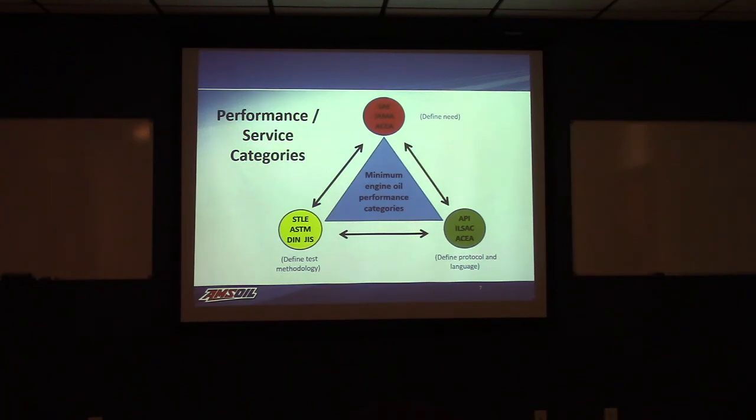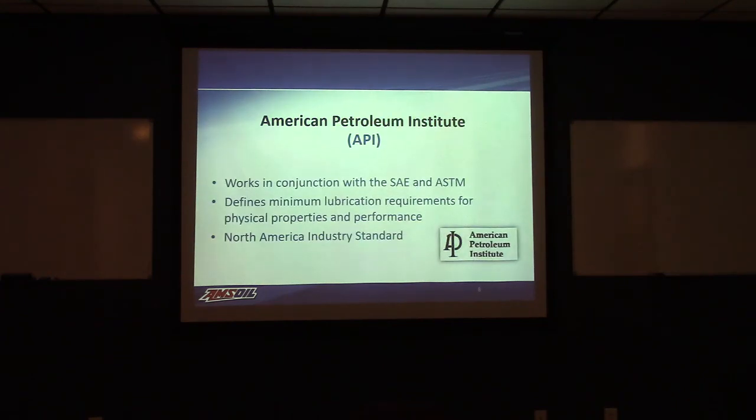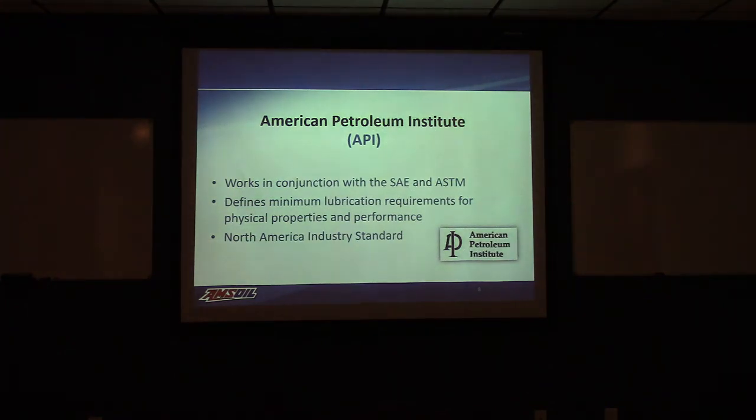And they may do it for a specific reason, and we'll talk about that in a moment or two. Getting back to the API, like I said, they're going to work with the other groups, and they're going to define the minimum lubrication requirements for physical properties and performance that the oil must have. And this is really the key performance standard that's used in North America.